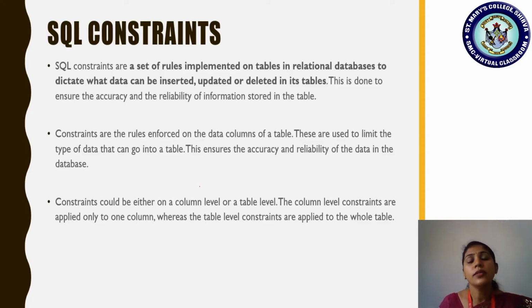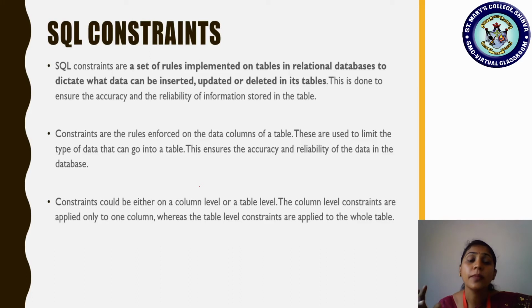So suppose it is an employee ID, and we have mentioned it as the number data type, and you have also told not null, or you have attached unique, or primary key. Unique or primary key means that the values you are entering into that field should be unique, and it should not be null, it should not be left empty.